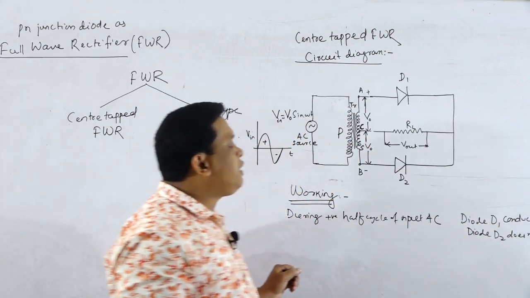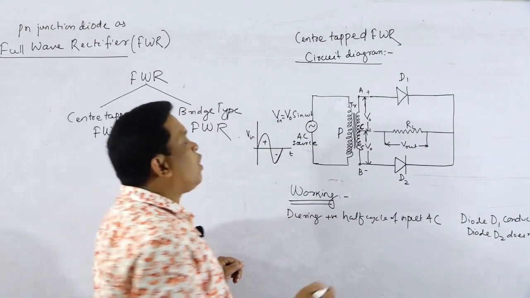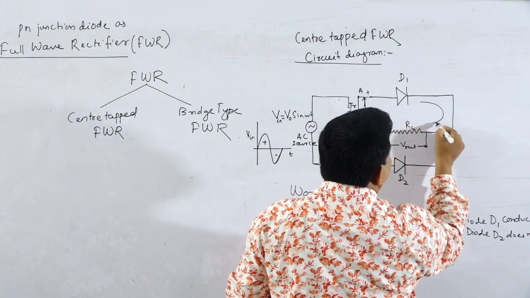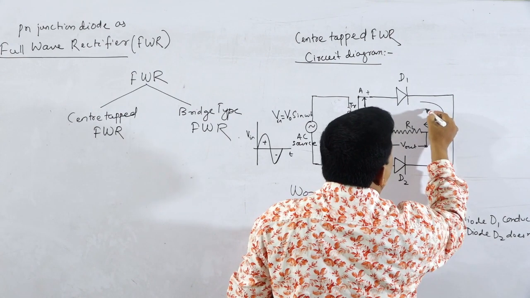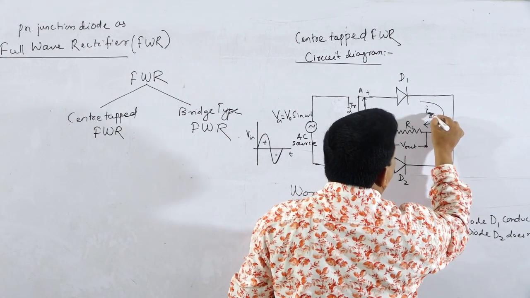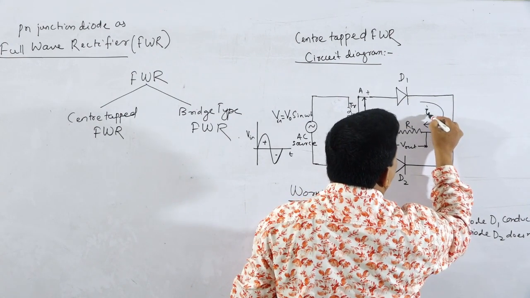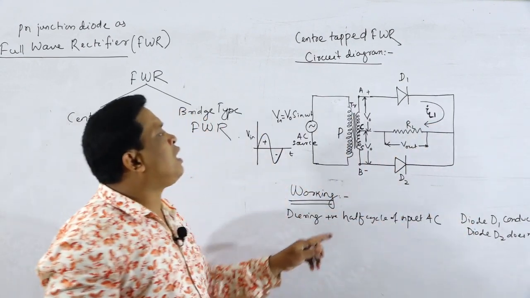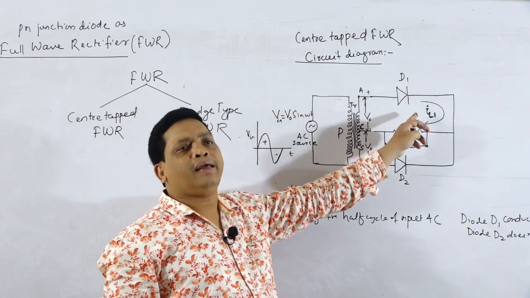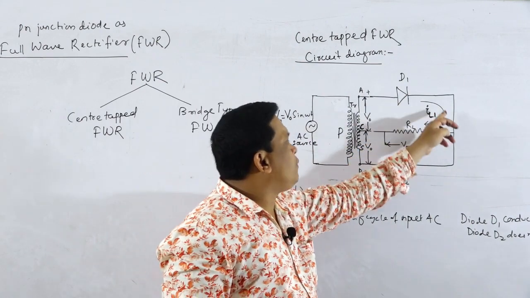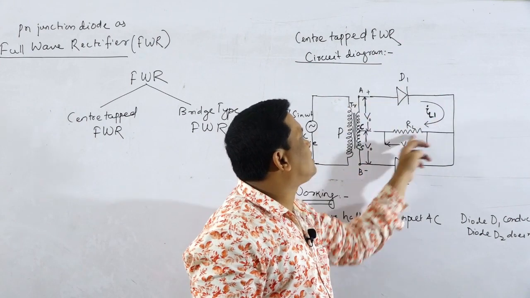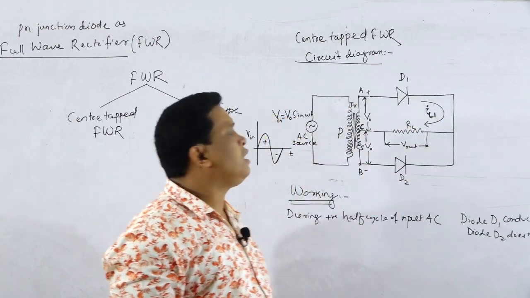As diode D1 conducts, the current flows through the load resistance RL in this direction, the load current IL1, because this current is due to the diode D1 only. So the load current flows in the clockwise sense in the upper half of the circuit.